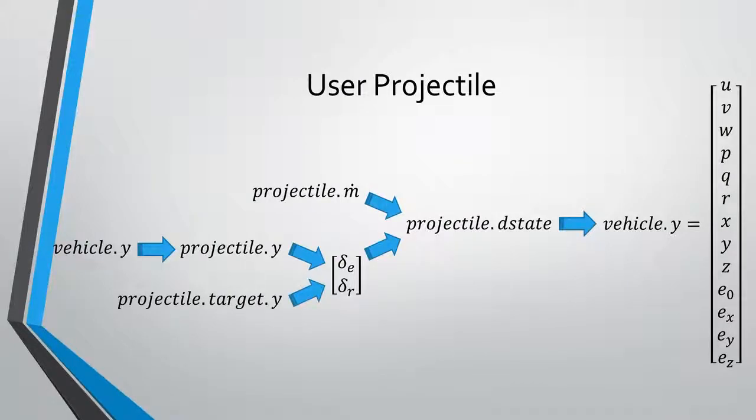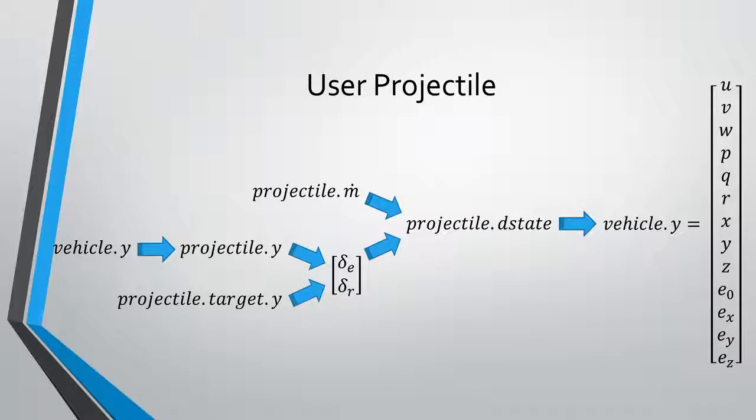For the user projectiles, these are also integrated forward in time. When they're created, they take the initial y vector from the vehicle, and that becomes their y vector, or their y array. So they inherit the UVW velocities, the rotation rates, the position, and the orientation from their parent vehicle.